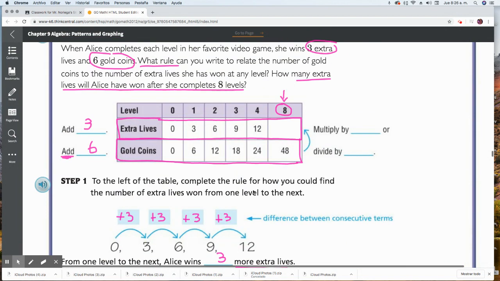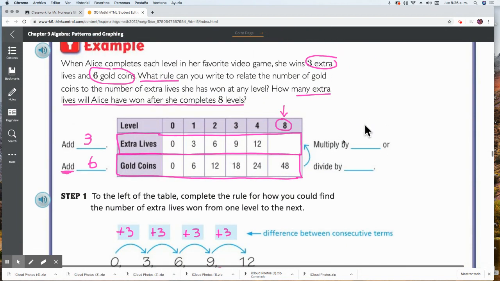Which I did not write because I wanted to find it together. The rule: what do I do to the 48 to give me this number? I could either multiply it by 1/2 or divide it by 2.